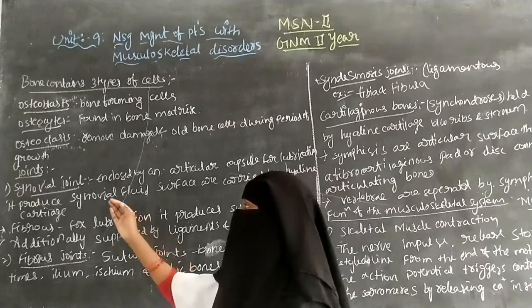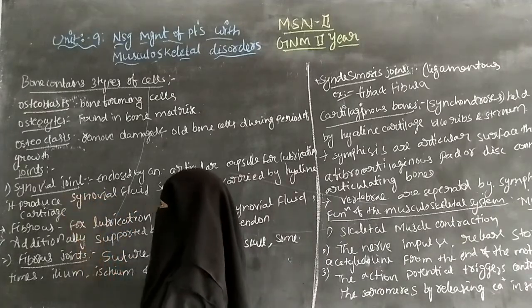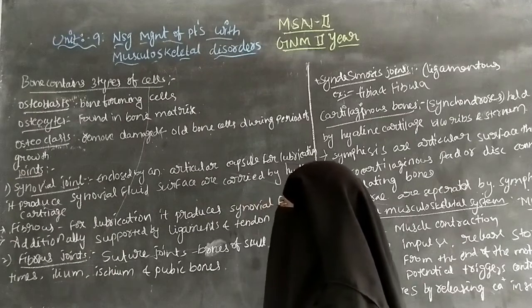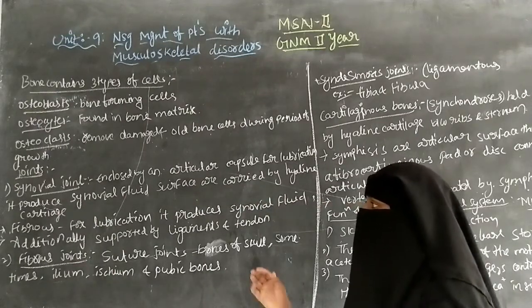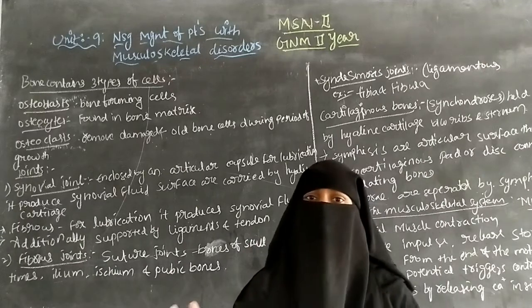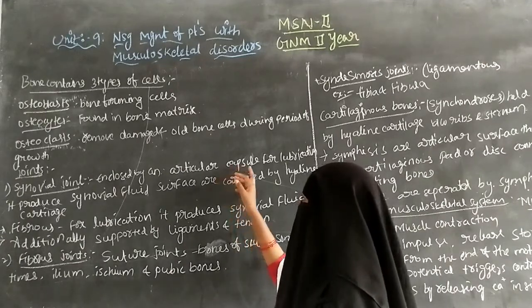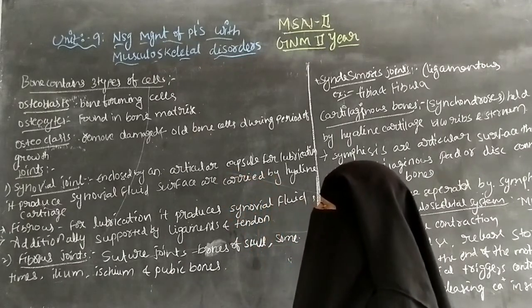First we will discuss the synovial joint. The synovial joint is enclosed by an articular capsule for lubrication.